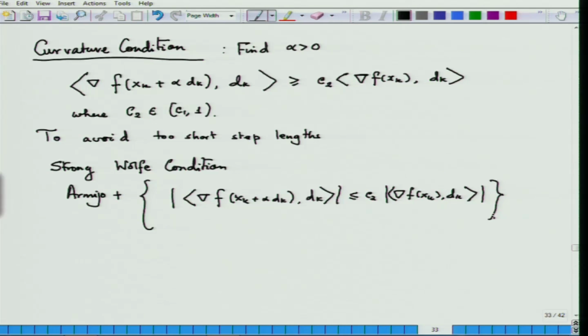So alpha has to satisfy both of the things. This is called the strong Wolfe condition, and the other is called the Wolfe condition. This is Armijo plus this condition.